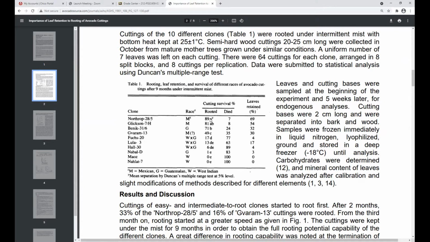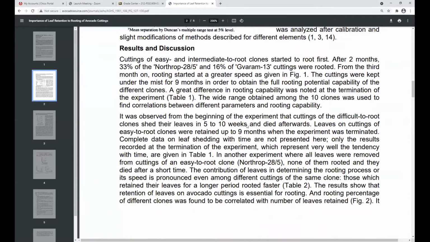And we can see that there's a bit of an indirect relationship going on between leaf retention and death, right? We see that the more leaves retained, generally from this table, the greater the number of plants that rooted, or the fewer that died.